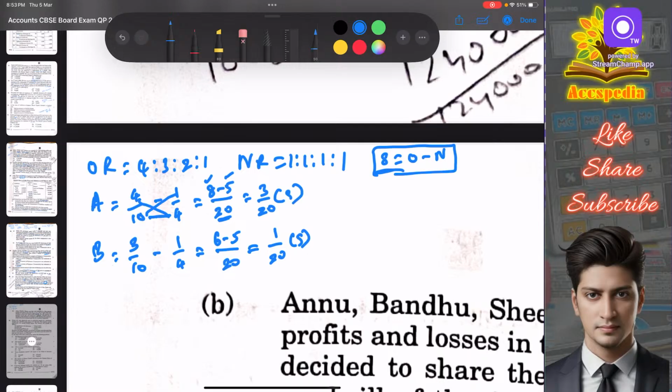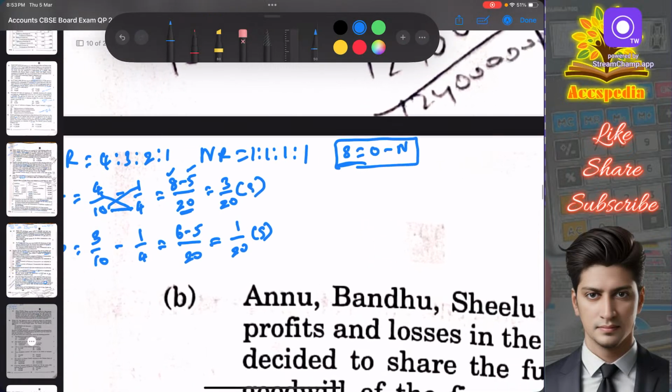Then next, Shilu. For Shilu, old is 2/10 minus new is 1/4. 2 into 2 is 4, 1 into 5 is 5, so minus 1/20, which is gain.